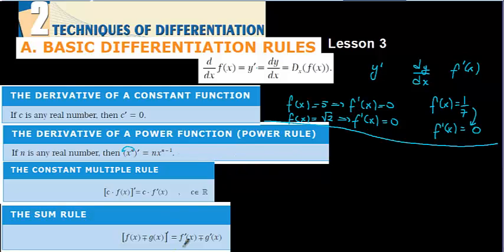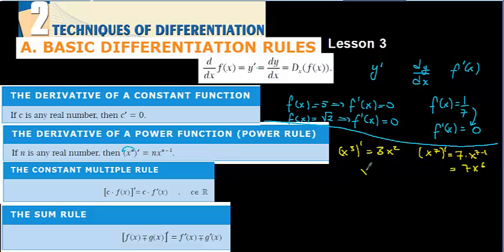So x to the power of 3 derivative is equal to 3x squared. Or x to the power of 7 derivative, this 7 comes in front, then times x to the power of 7 minus 1, that's equal to 7x to the power of 6. You're going to decrease by 1.